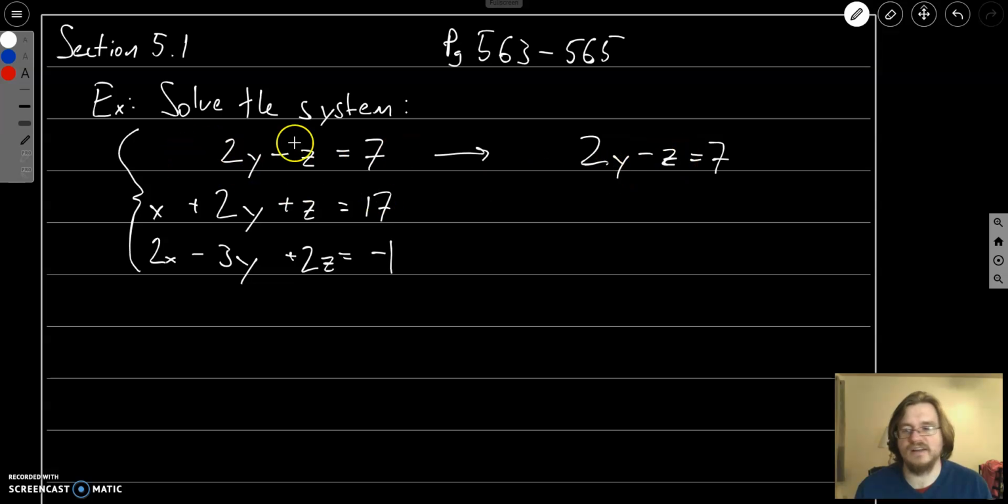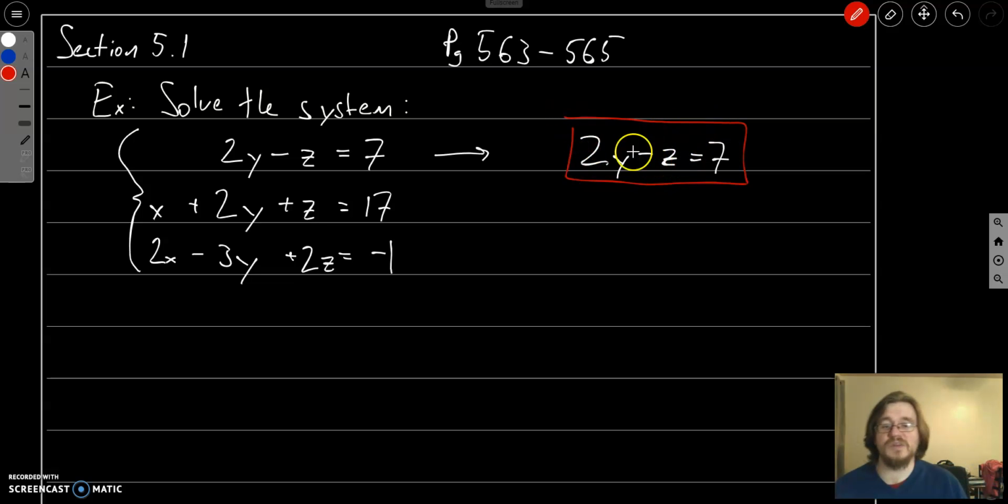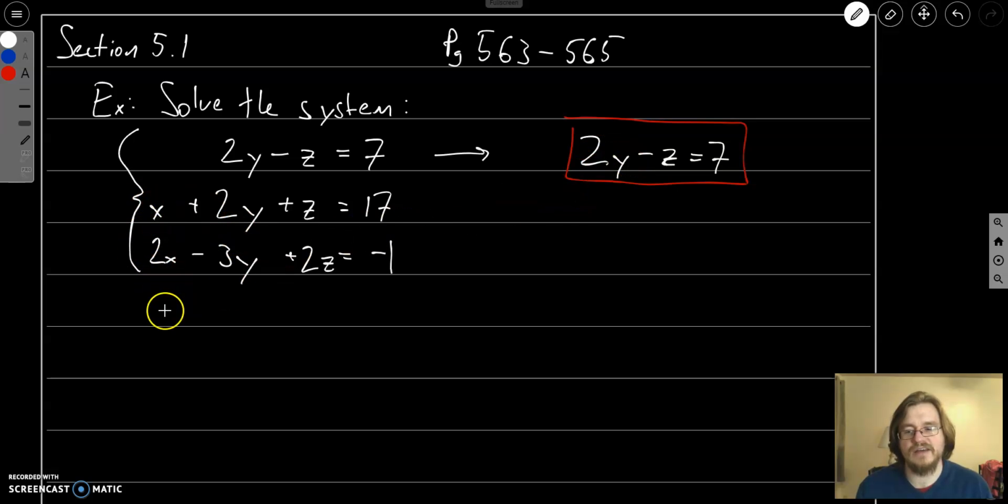It doesn't have an x in there. So I don't have to do anything to that first equation. It's already an equation with only two variables in it. So what I want to do is take the next two equations and solve them. Just like this first equation, I want to eliminate the x. Then I'll have two equations with only y's and z's in them.